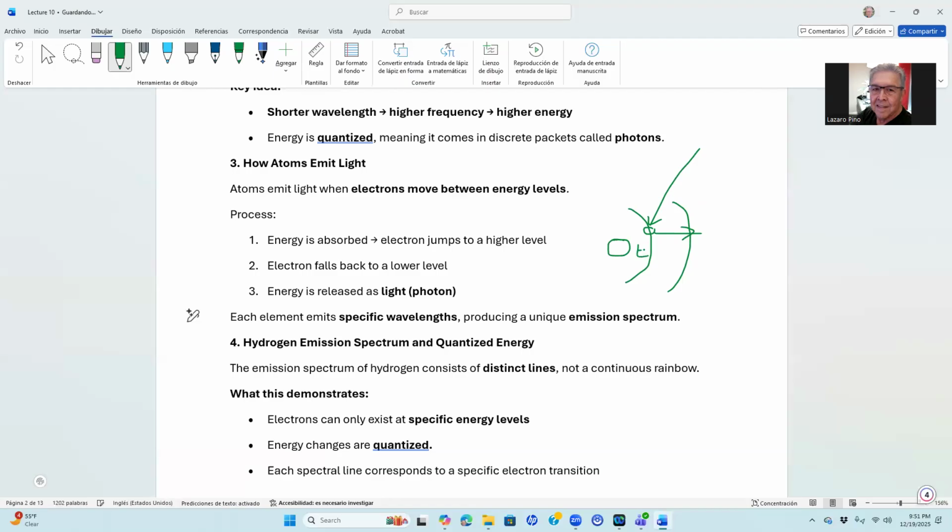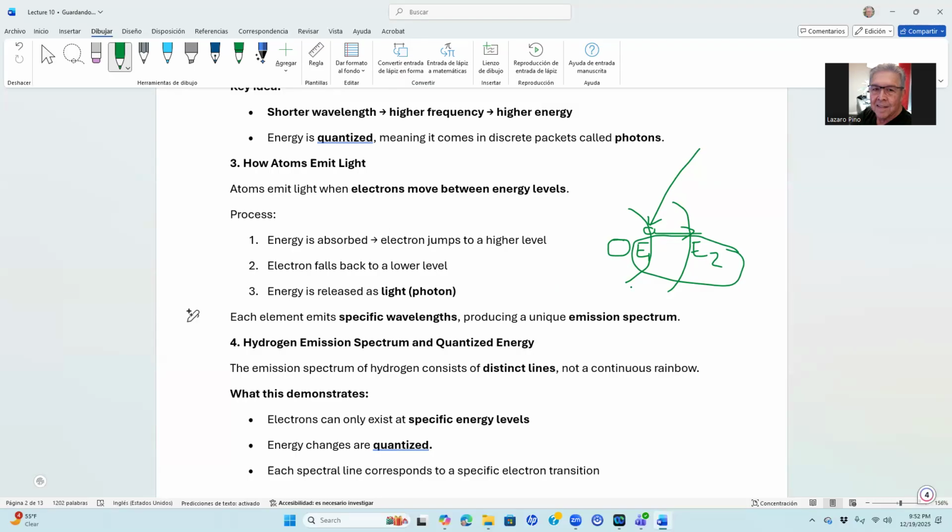If this is the energy of level 1, and this is the energy of level 2, the difference between these two levels is produced, or the electron can jump from one level to another with a higher level of energy because of the absorption of the energy of the photon.